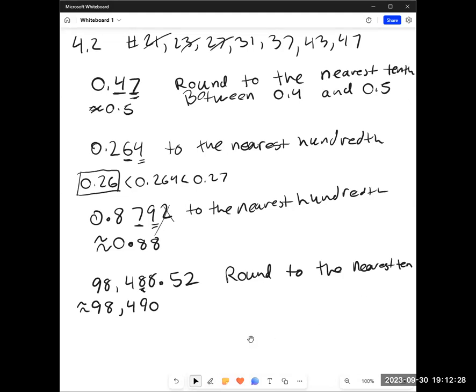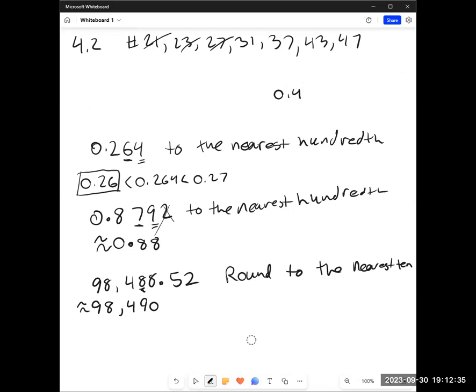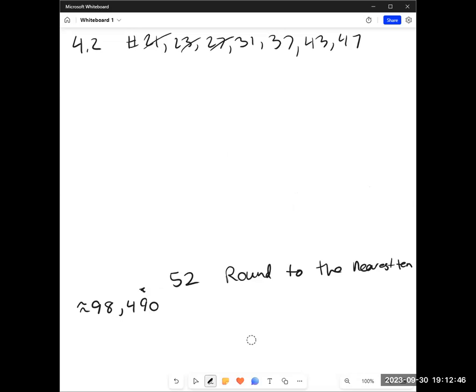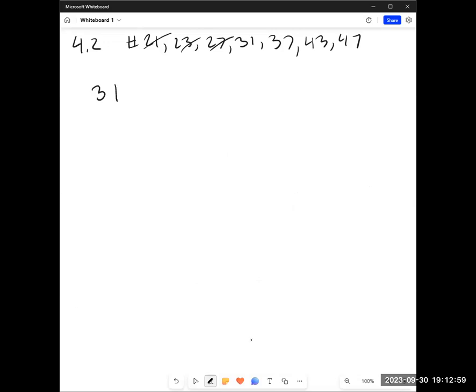The next problem is 31 and 875 thousandths.